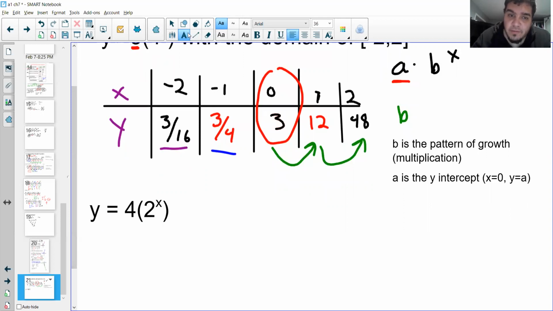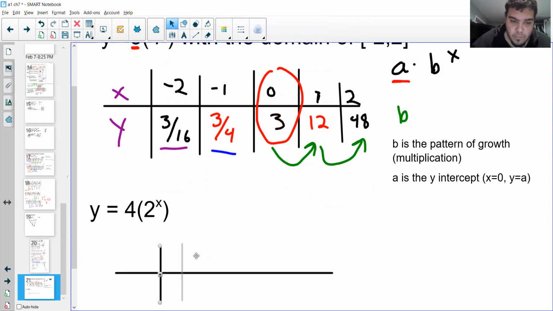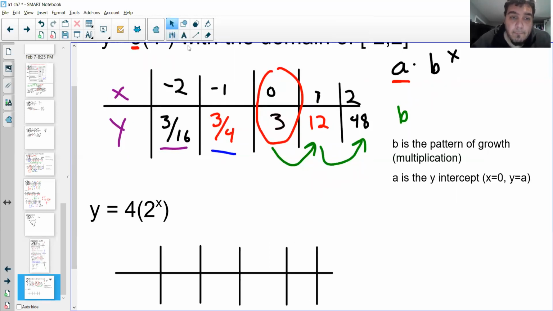We're going to make the domain from -2 to 2. So x: -2, -1, 0, 1, 2.